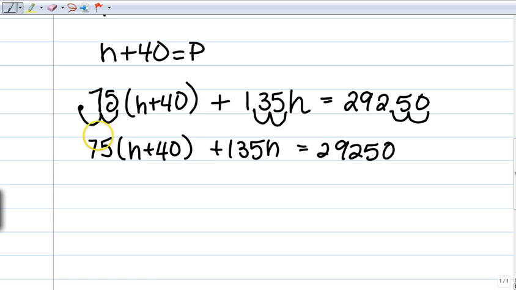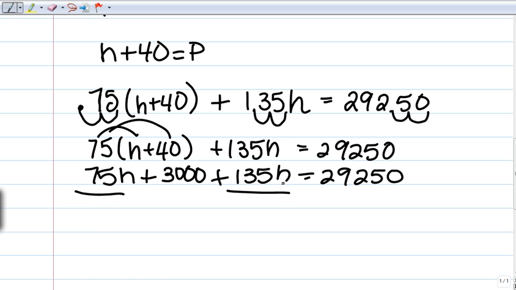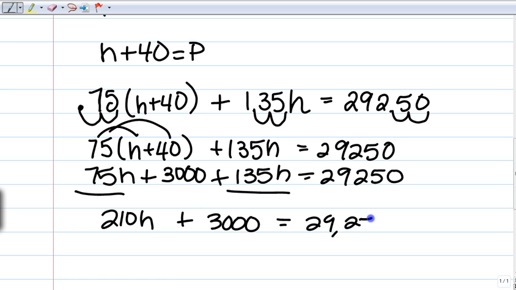So I'm going to distribute 75, and I'm going to have 75H plus 3,000 plus 135H equals 29,250. And I will combine like terms here, and I will get 210H plus 3,000 equals 29,250. I'm going to subtract the 3,000 because I'm solving for H.